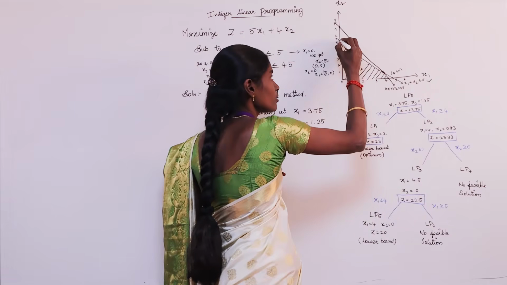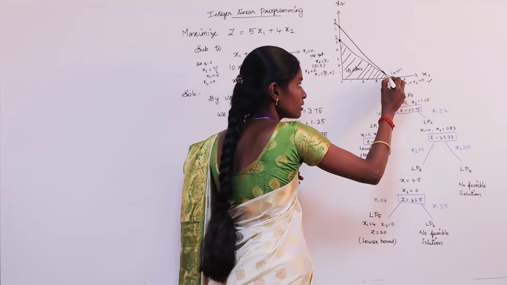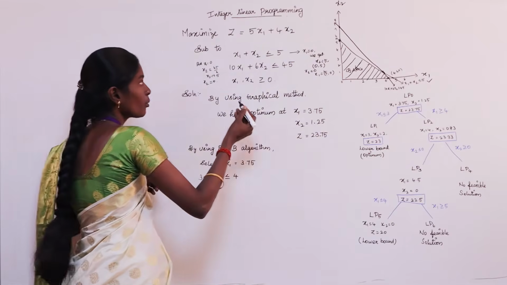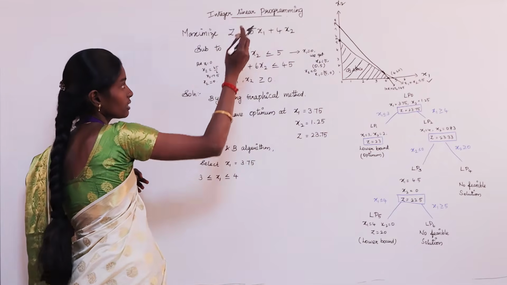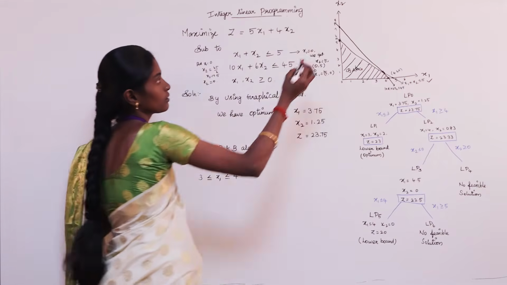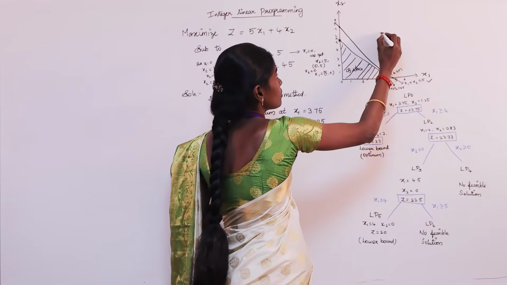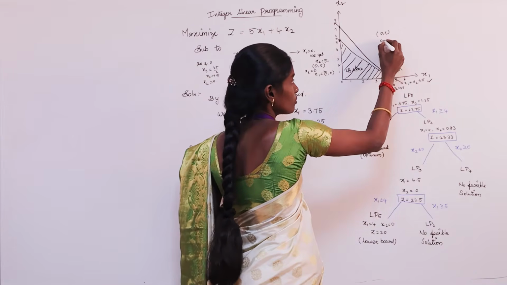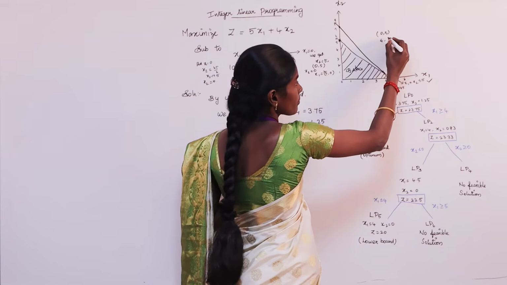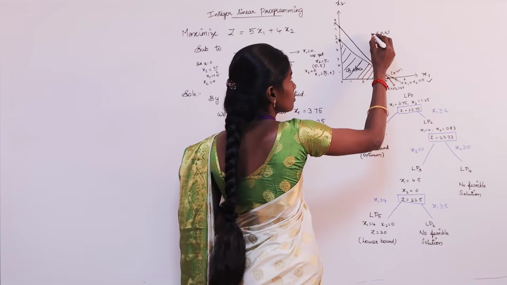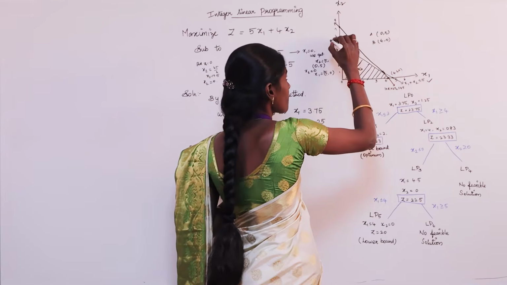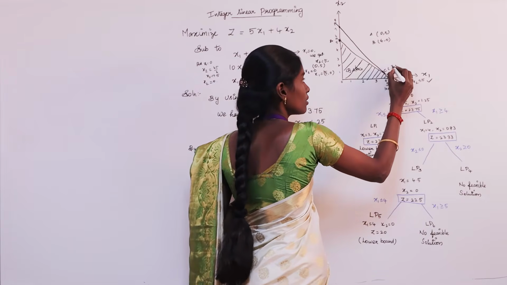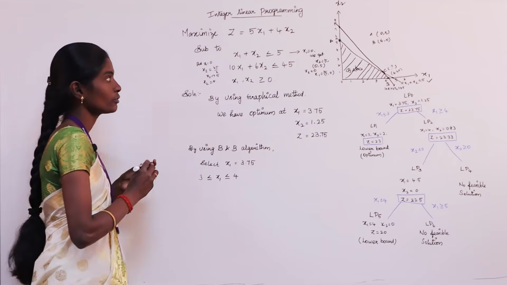In LP0 space, we find the intersecting points in the feasibility region, and those points should be substituted in the maximization function. For example, 0, 5 and 4.5, 0, let us name them as A, B, and the remaining point we have to find.